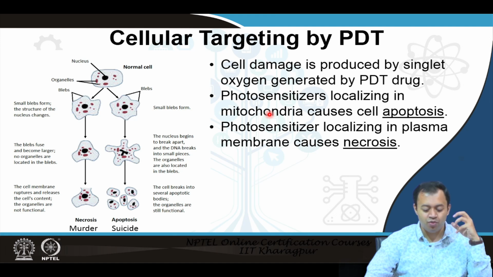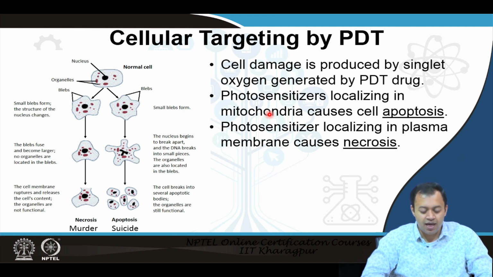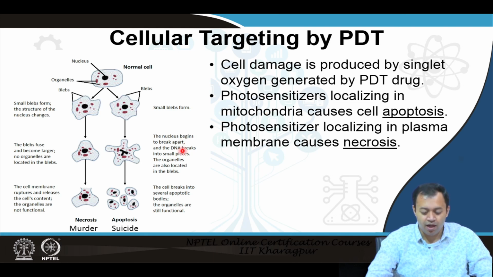The enzymes that are produced basically eat the cell up. The nucleus begins to break apart, the DNA breaks into small pieces, the organelles are also located in the blebs. The cell breaks into several apoptotic bodies, and the organelles are still functional and they usually either get consumed or removed.